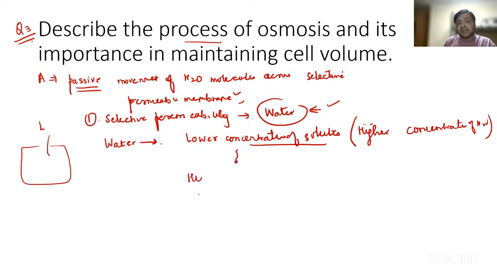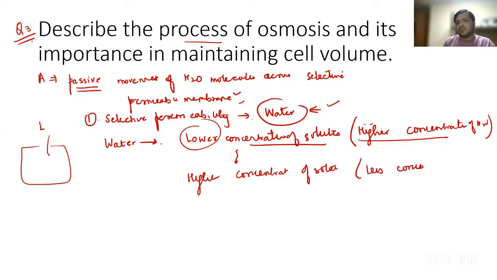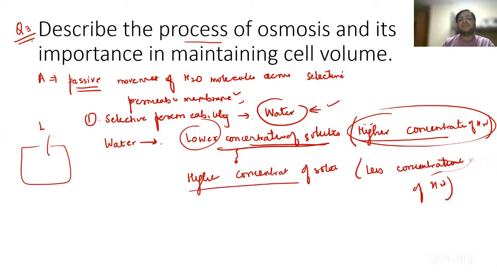And where there is a higher concentration of solutes, if we take a very common example of salt and water, if salt is less, obviously the water will be more, and if salt is more, then the water will be less. So in this manner you can remember that where we have a lower concentration of solutes, we have a higher concentration of water, and where we have a higher concentration of solutes, we have less concentration of water, right?